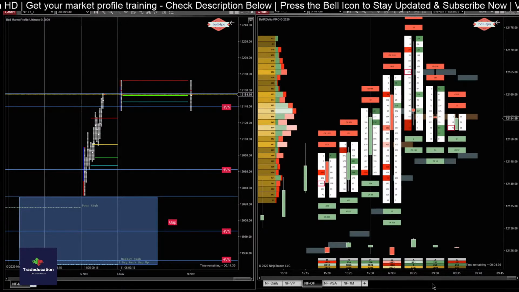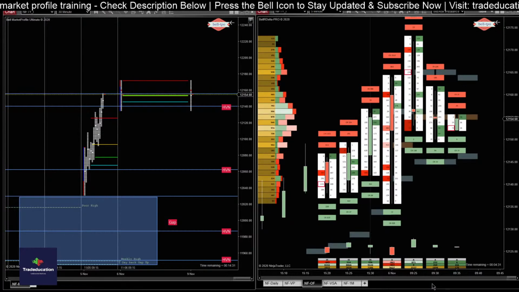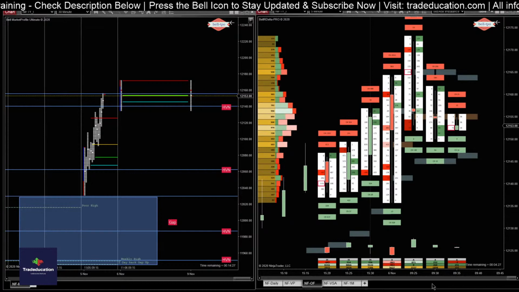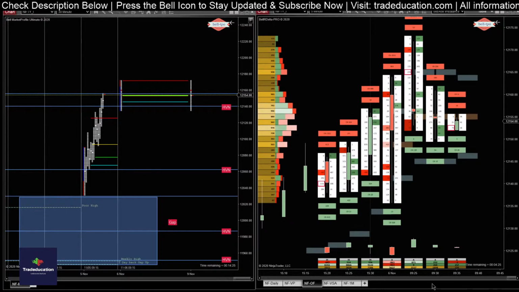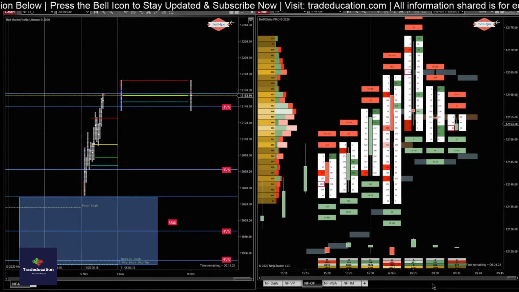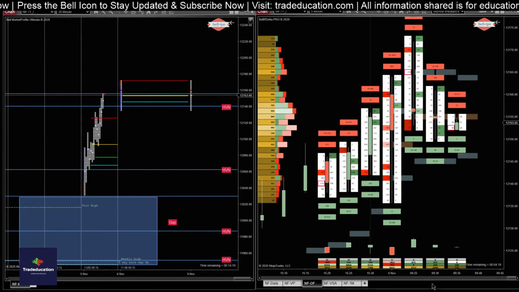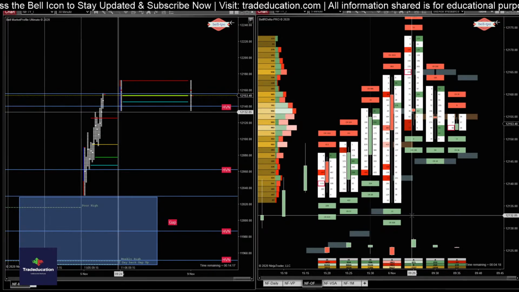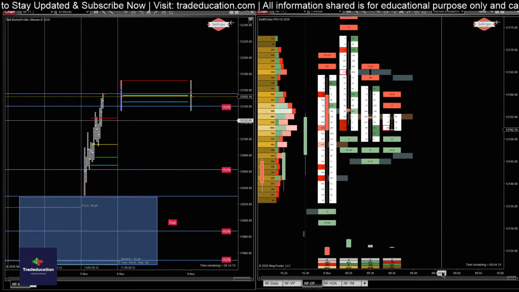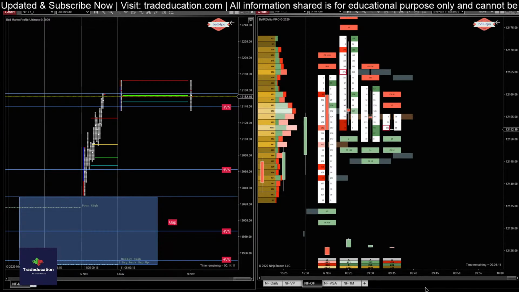So a lot of choppiness action been seen. Two doji candles formed back to back. Tempo is slowing down.